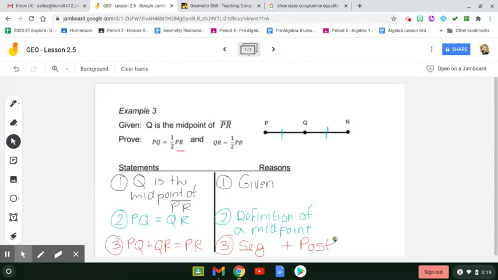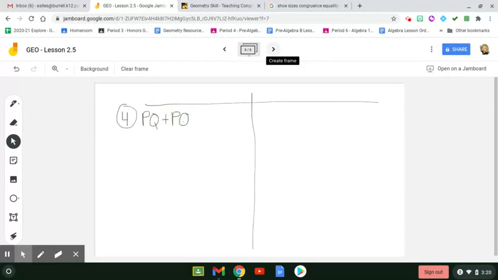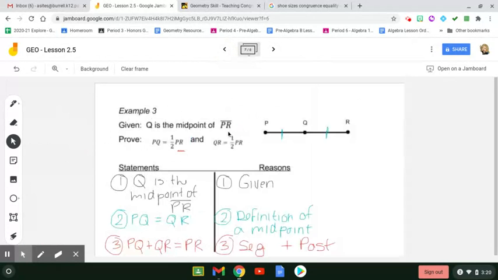All right, the reason I wanted to put those two together is because I'm going to go over to the next slide. For step 4, I'm going to show you what I'm going to write down next, and I want you to think about how I could say this because it might seem a little bit weird. For step 4, I'm going to write PQ plus PQ is equal to PR. To go from step 3 to step 4, the only thing that's different is I put a PQ in place of this QR.